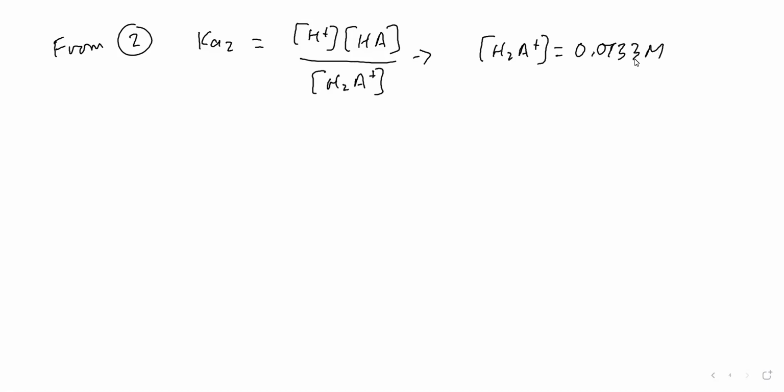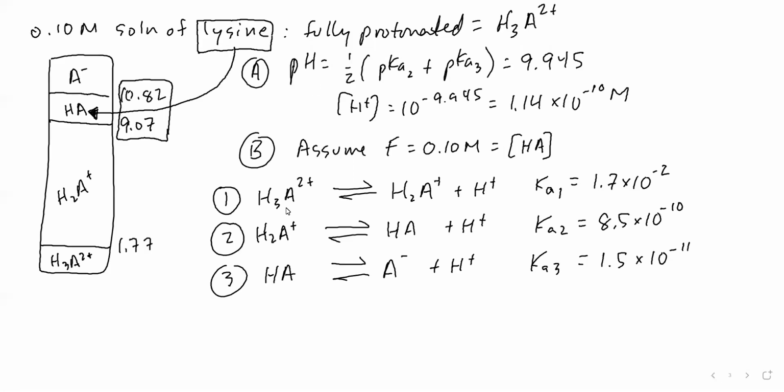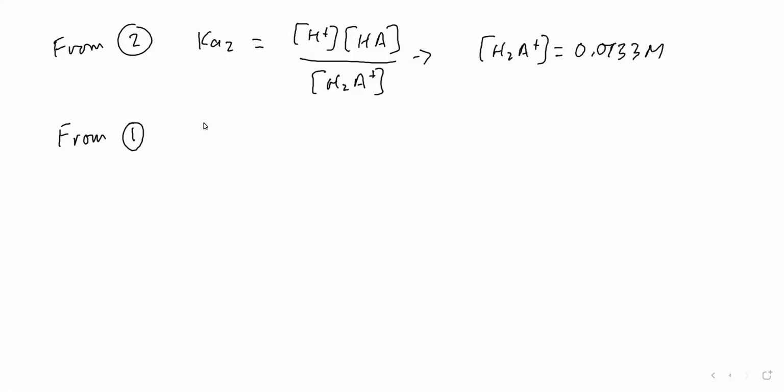And we'll go then to the first dissociation reaction. And if we look back at that, we see that once we know the concentration of H2A+, we can simply plug it in along with H+ and find H3A2+. So we're going to get that from Ka1. And that expression looks like this.